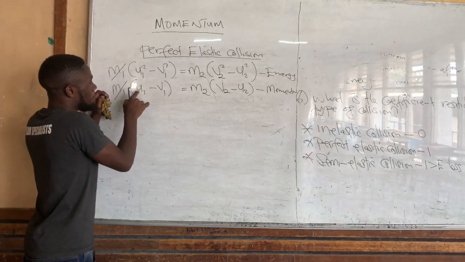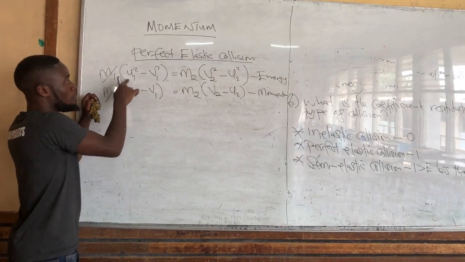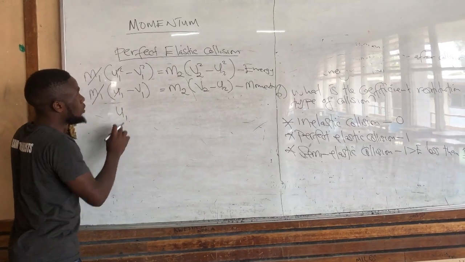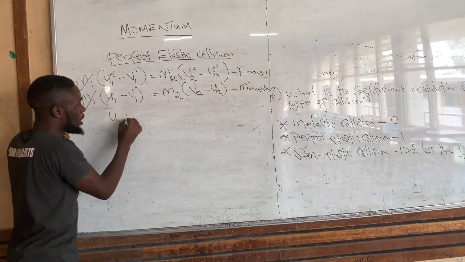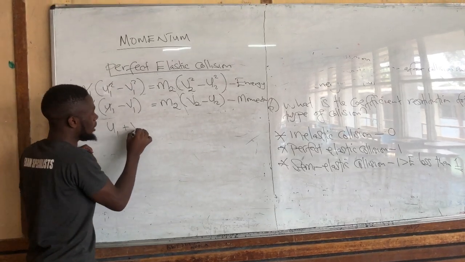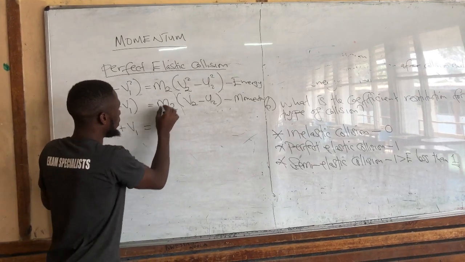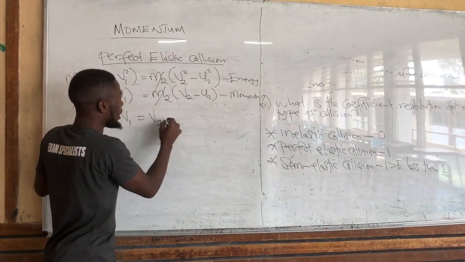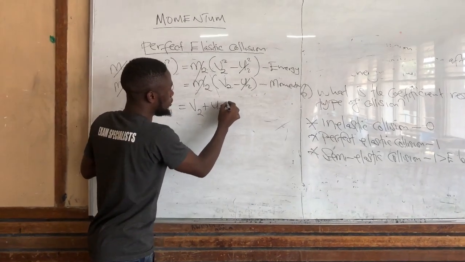U1 squared minus V1 squared divided by U1 minus V1 leaves U1 plus V1. On the other side, V2 squared minus U2 squared divided by V2 minus U2 leaves V2 plus U2. So U1 plus V1 equals V2 plus U2.